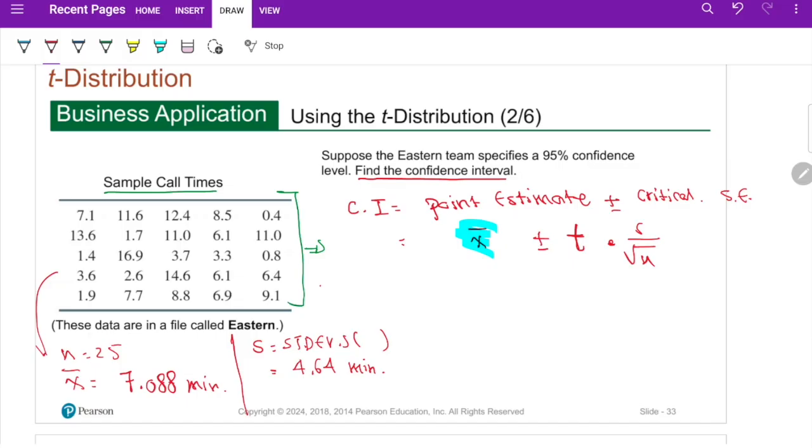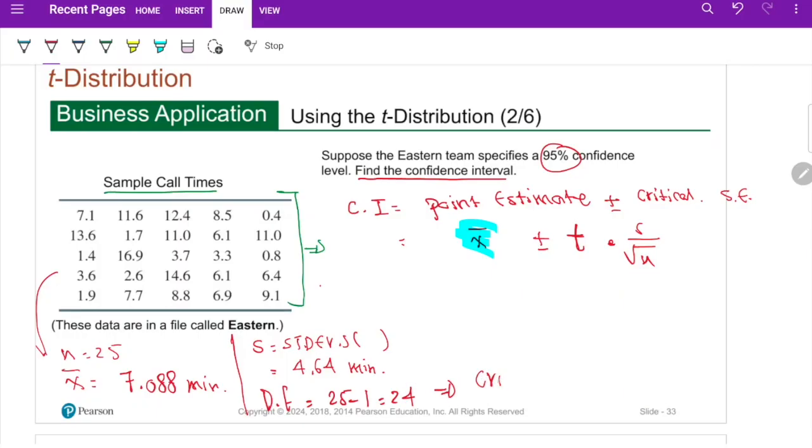After you get x bar and s, you can use these facts to find the t value, the critical value, right? So we can use the 95% confidence level, and the degrees of freedom df equals 25 minus 1, which is 24.